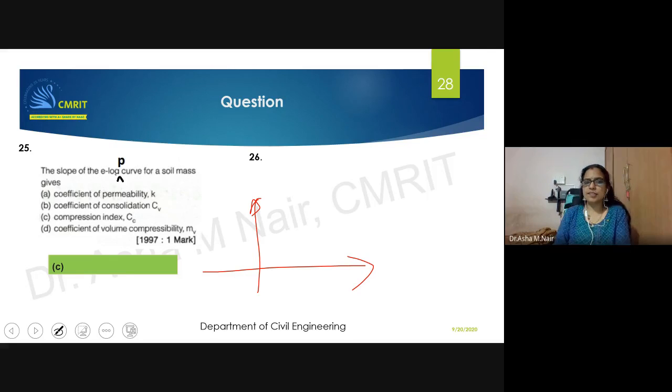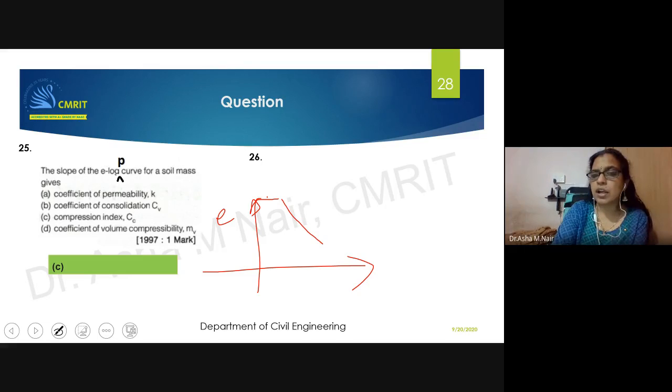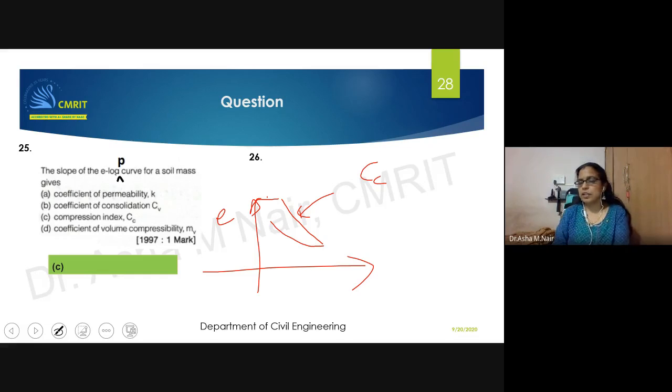How do we get this? If I have e versus sigma, you can say that it comes down. This part slope is called Cc. Now if I unload the specimen, you can see that it will come down till here, and if I reload it, it will come down like this.